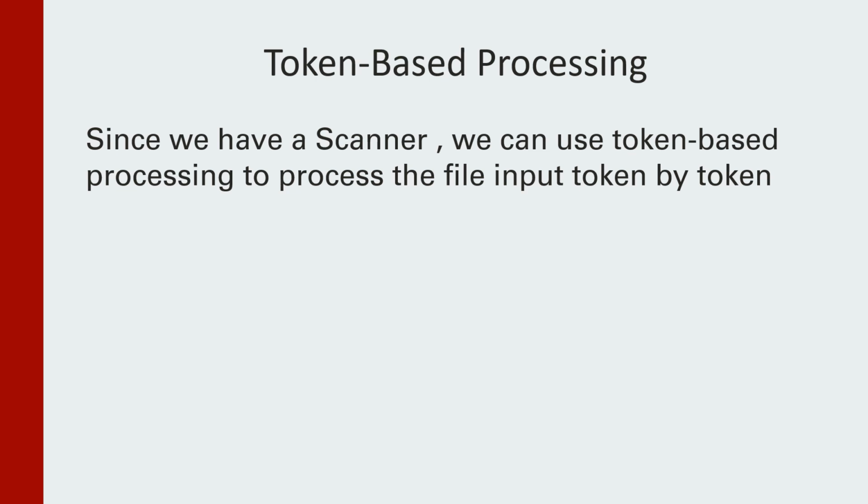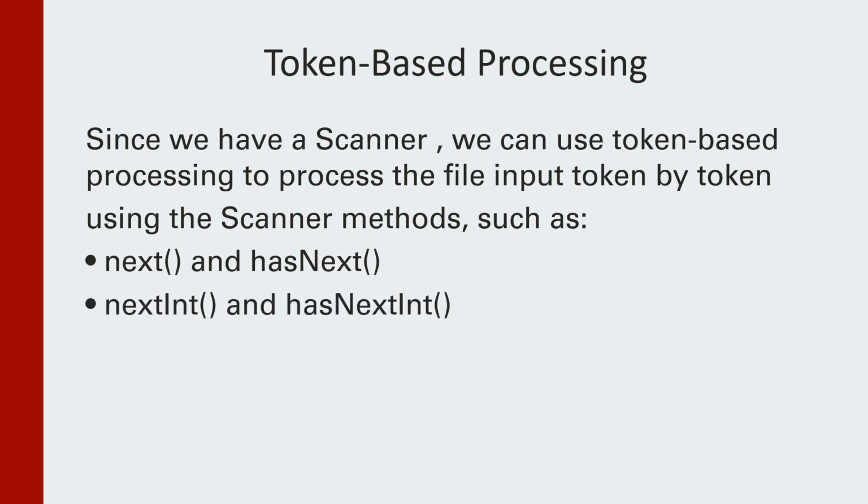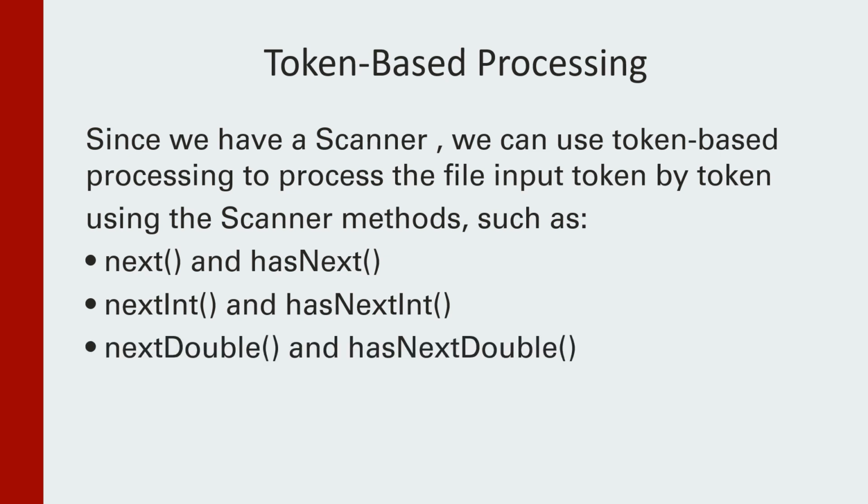We use the Scanner methods to do that, and in general we use next, which we saw, and you can keep checking to see if there is more input in that file using hasNext. Similarly, we can use nextInt and hasNextInt where we know we're reading a number from the file, and nextDouble and hasNextDouble similarly.